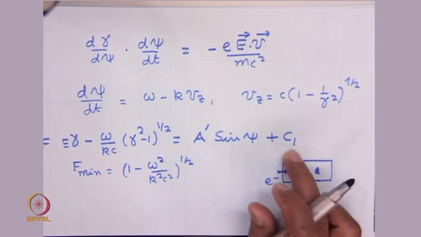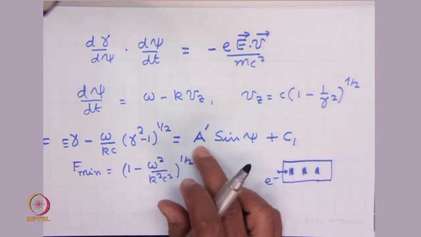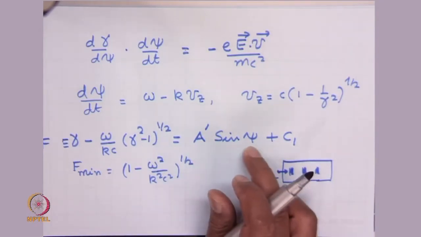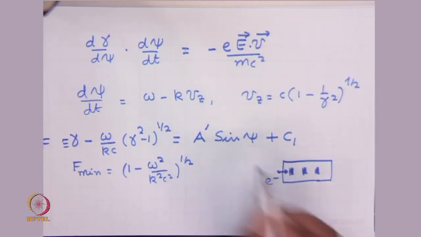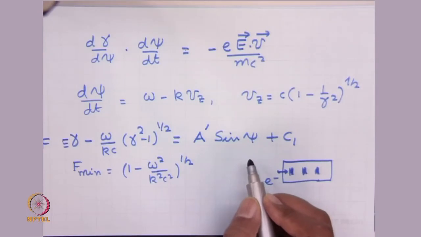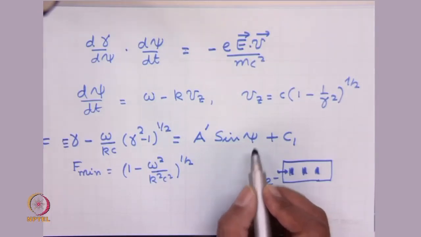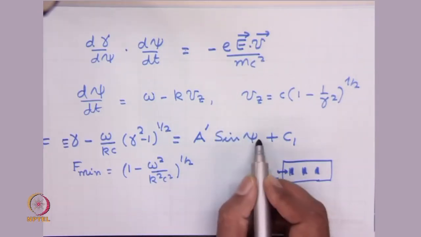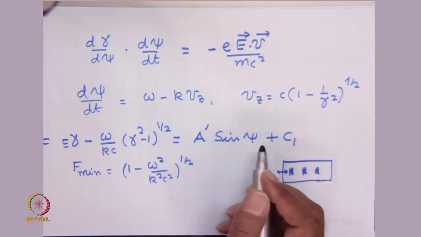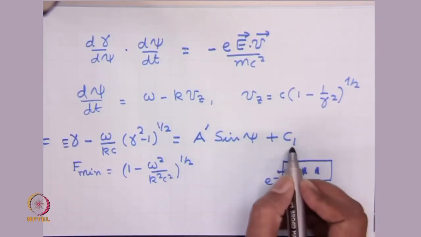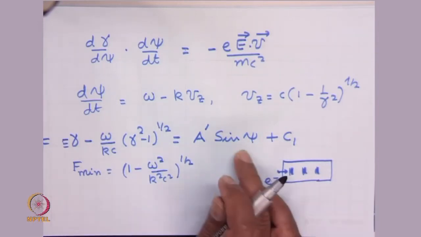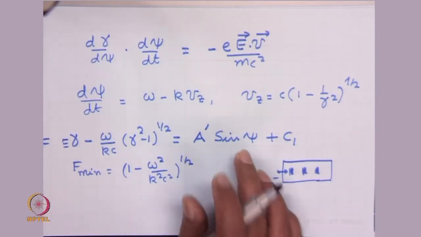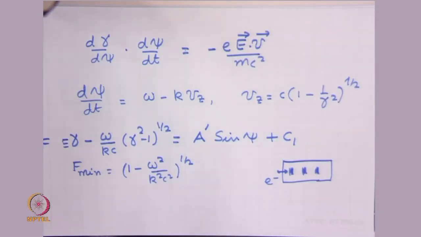If C1 is less than A prime, then all values of psi will not be permitted, because psi, the phase of the wave, can change between 0 and 2 pi. So for half values of psi this will be positive, half psi will be negative. So if C1 is less than A prime plus F minimum, all values of psi are not permissible and particles are trapped in the wave, they can be accelerated.